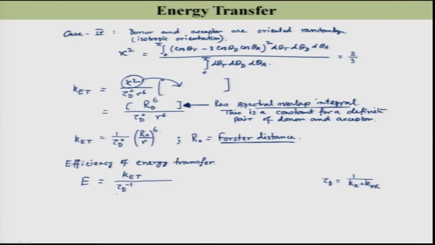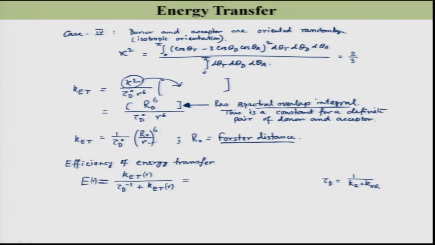So I am going to have this all the time, plus K_ET. Please also remember that this K_ET is a function of r, the distance between the donor and acceptor, and that distance dependence is very high, r to the power 6. So this is a function of r, and the efficiency is also a function of r.